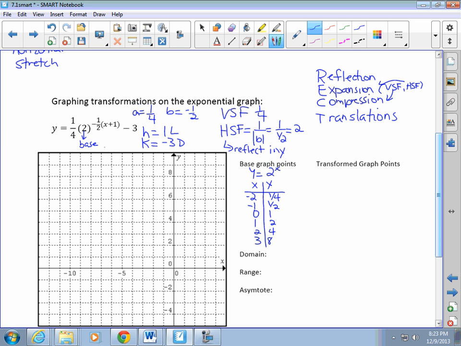So in my transformed graph, my reflections then are, in this case, only the B value that has that reflection because the B has a negative 1/2. If the A value was a negative 1/4, then we would be doing both of those.